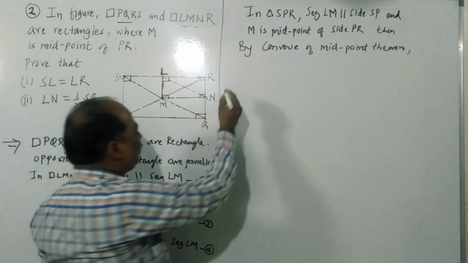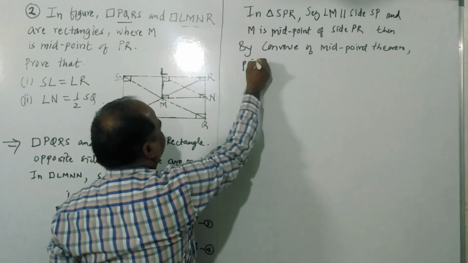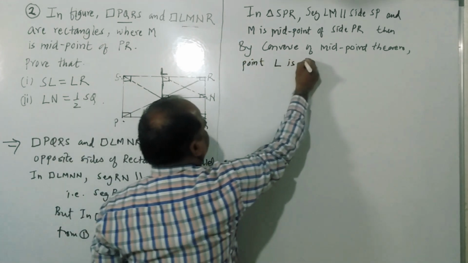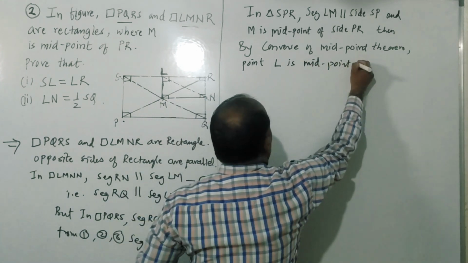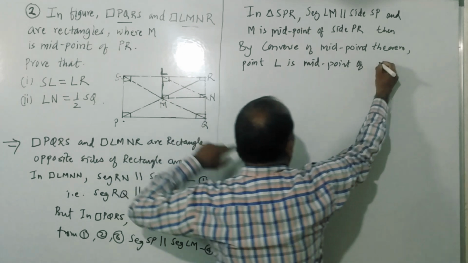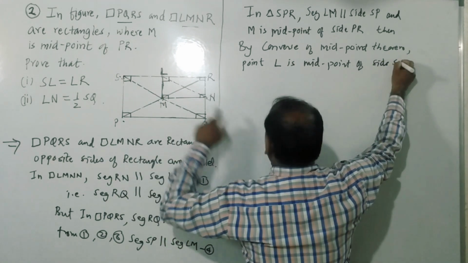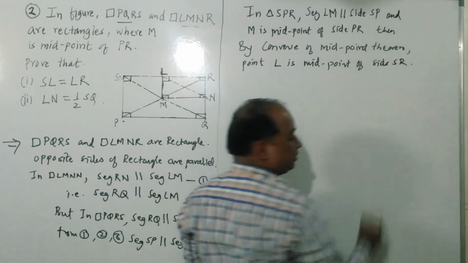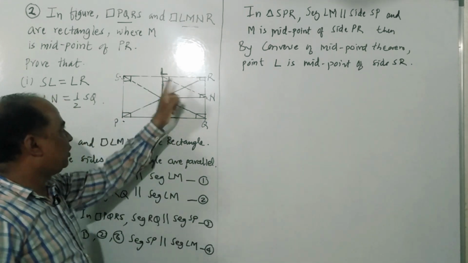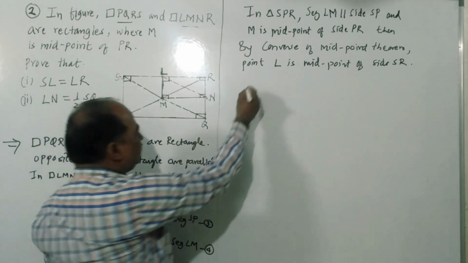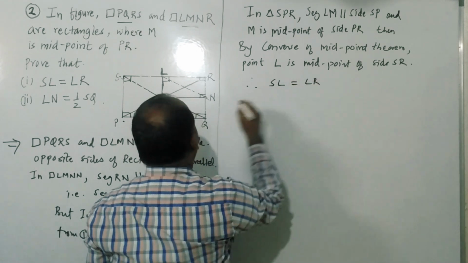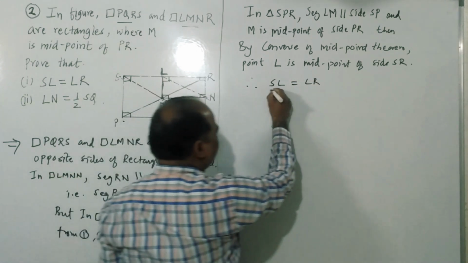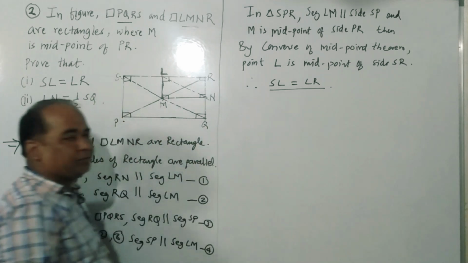So here by midpoint theorem, point N is midpoint of side SR. This is L is midpoint of the side SR. Therefore, SL is equal to LR, since L is the midpoint of SR. So the first part we have proved.